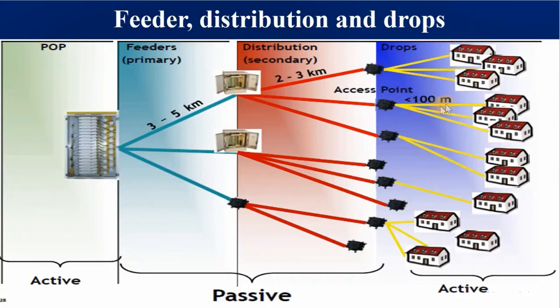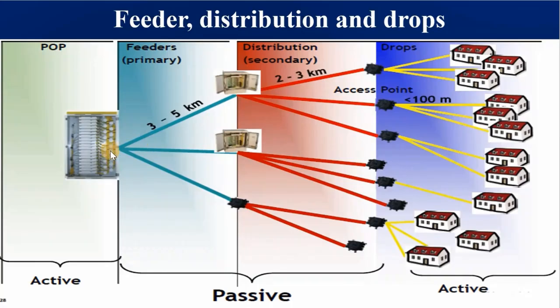less than 100 meters. So we don't need power in the ODN. There's no need for power, hence it is referred to as a passive optical network. The OLT must be powered, hence active, and the ONU or the ONT, the network interface device, must be powered, hence active.